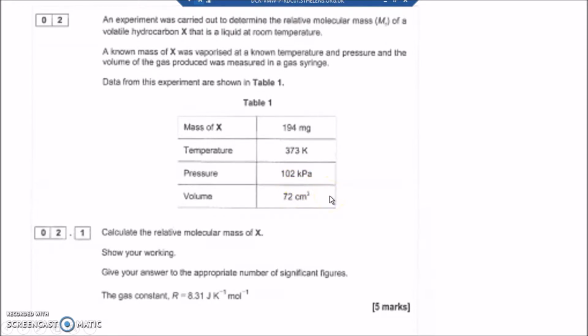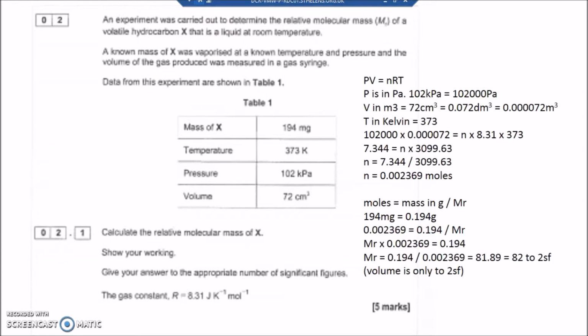To get decimeters cubed up into meters cubed, you divide by 1,000 again, so it's 0.00072 meters cubed. Temperature's in Kelvin, it's already in Kelvin. If it was in degrees C, you'd add 273, but it's already in Kelvin, so that's fine.